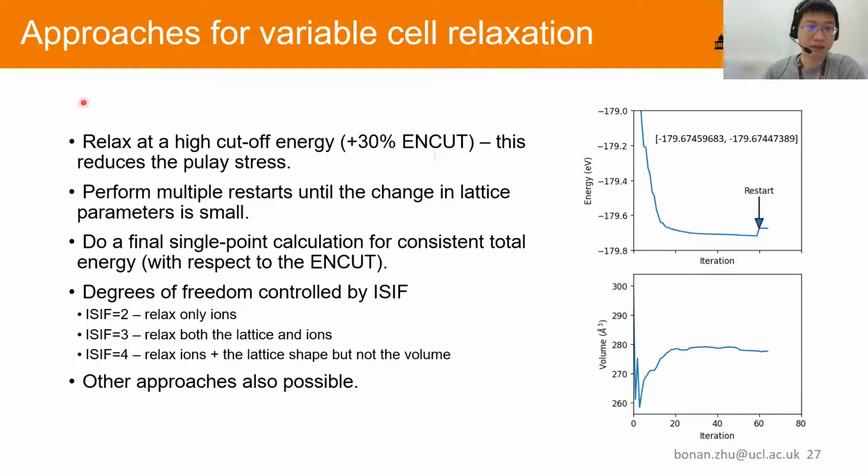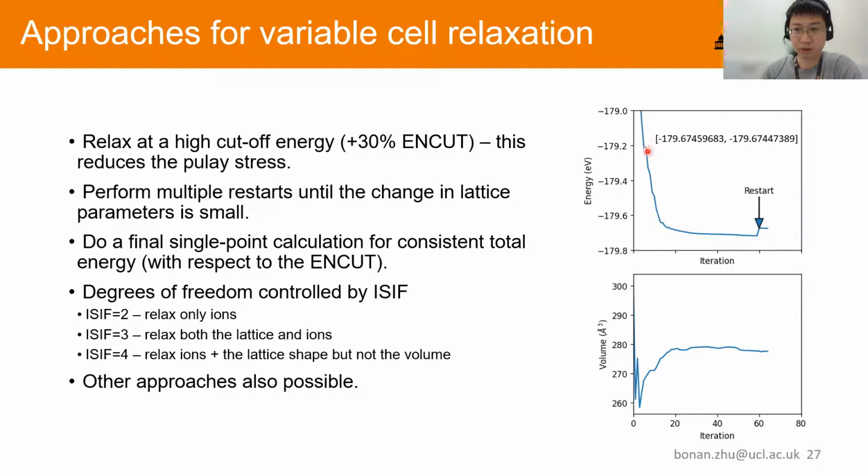That's one valid approach. What I actually do is multiple restarts. I do a geometry relaxation, and whenever I change the cell, I always do a restart and reinitialize the basis set. Then in the end, I do a final single point calculation, just to make sure that everything is consistent and I'm using a consistent cutoff energy.